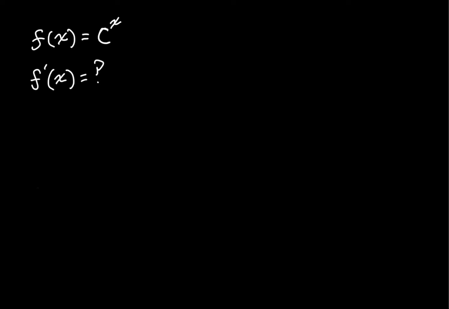So to start with that, I'm going to redefine this function. I'm going to say that f of x, it's the same function, but I'm just going to put it into kind of different terms. I'm going to say that f of x is the same as e to the natural log of c to the x, right? E to whatever power e goes to so that it becomes c to the x, right?